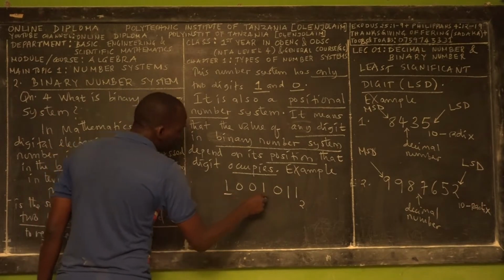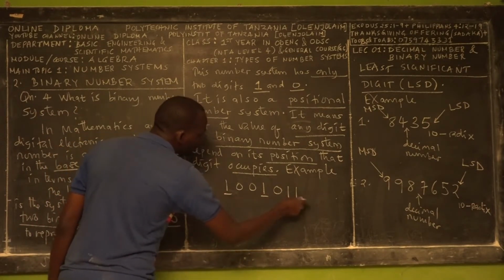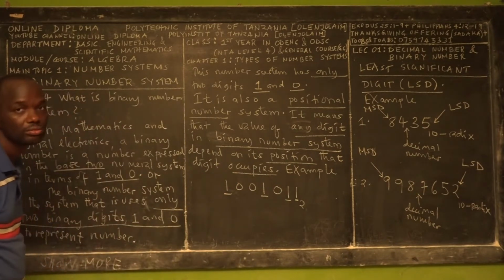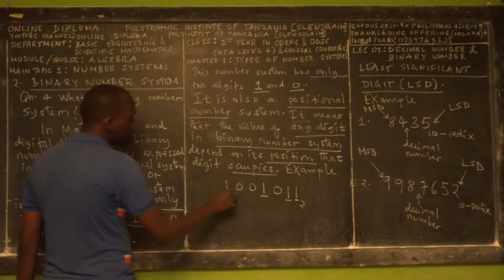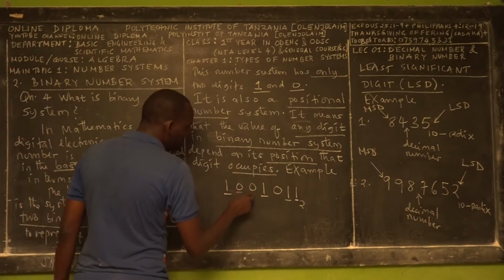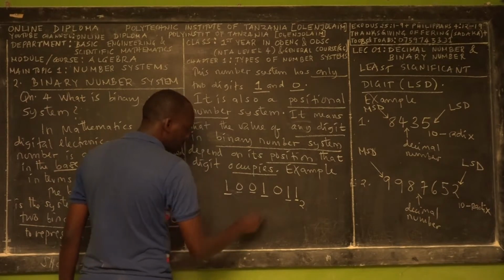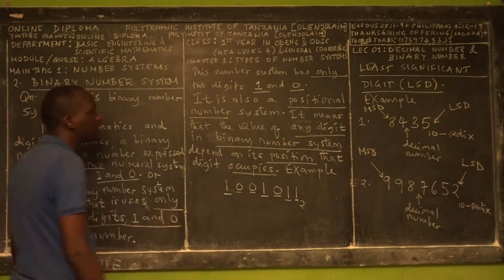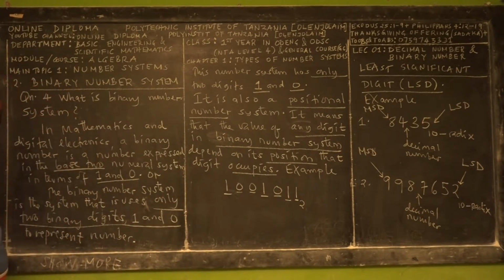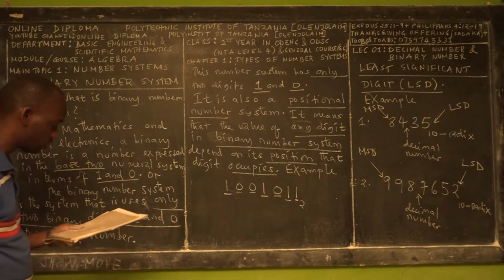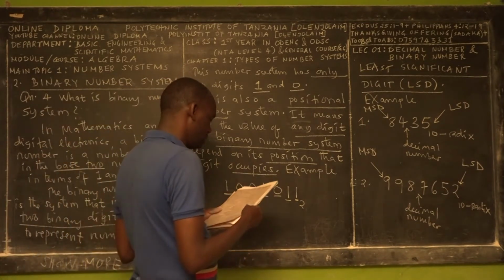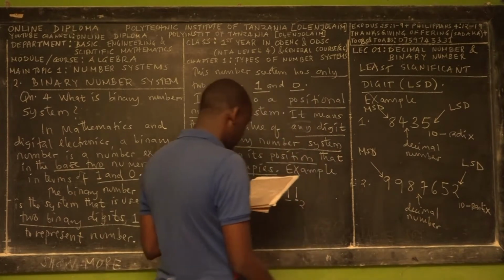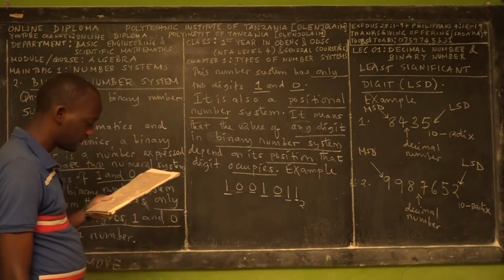These ones have different values due to their positions. The value of this 0 is not the same as the value of this 0, because they have different positions. The point I want to make, I believe you have understood, is the same concept that I taught you in the decimal number system.